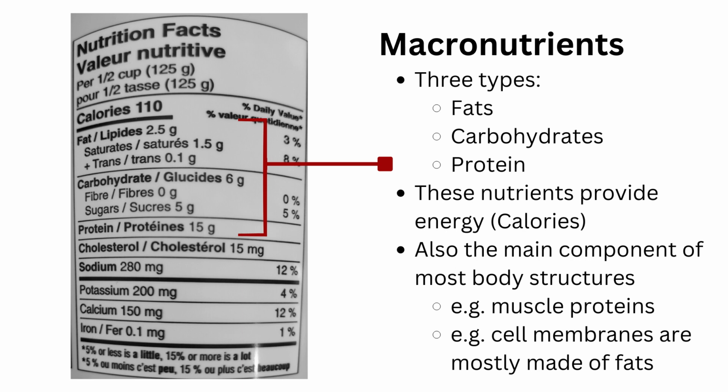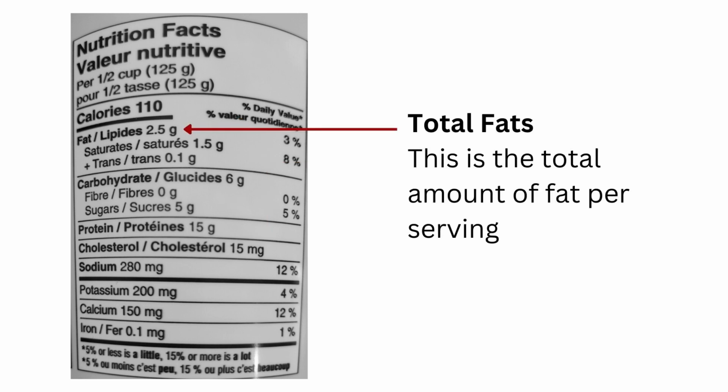Below the calories, you will see the fats, carbohydrates, and proteins are listed. These are the 3 macronutrients that actually provide the calories in the food that we eat. So first, you see listed the amount of total fats. It is in bold, and you will see the number of grams of total fat and then also a percent daily value.